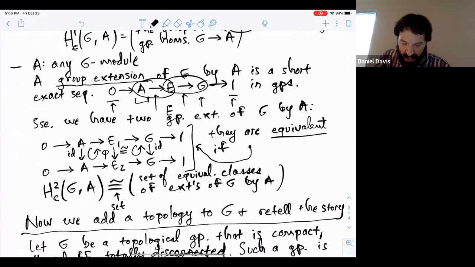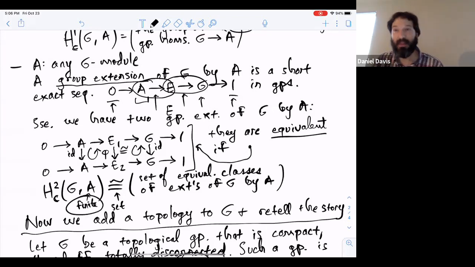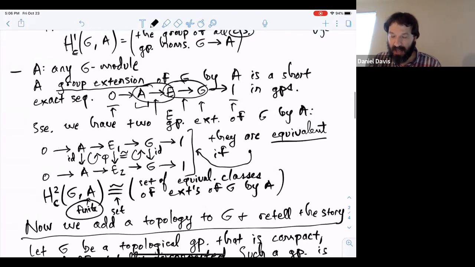we want to put a C there, and here's how we do this. We have our discrete G module A. We require this to be finite. Then we have the earlier definition, a short exact sequence, but this short exact sequence is now in profinite groups.